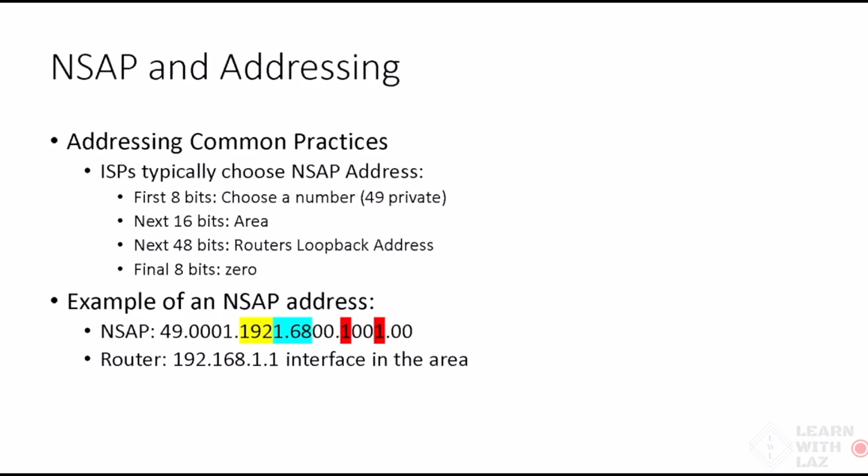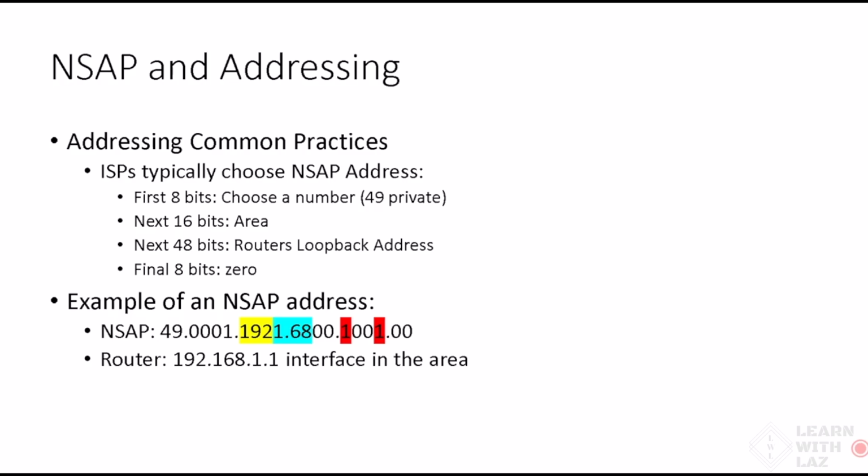Then you have the 16 bits, which is the area, and then the 48 bits, which is just an identification. It could be an IP address, it could be a MAC address, it could be whatever number you want it to be. It's a combination of numbers that's going to identify that system. It's local, it has nothing to do with anything else.